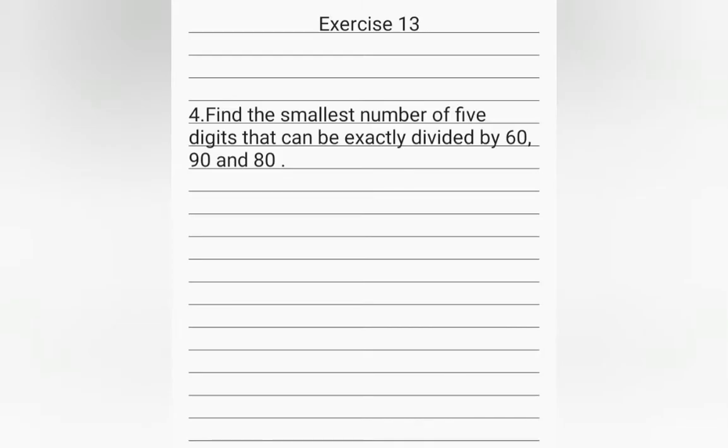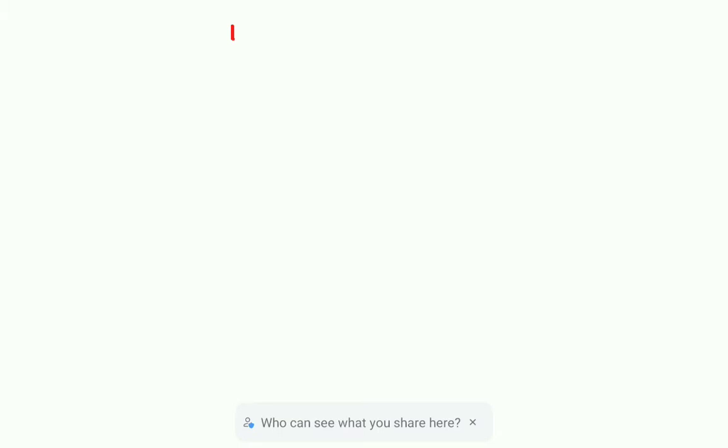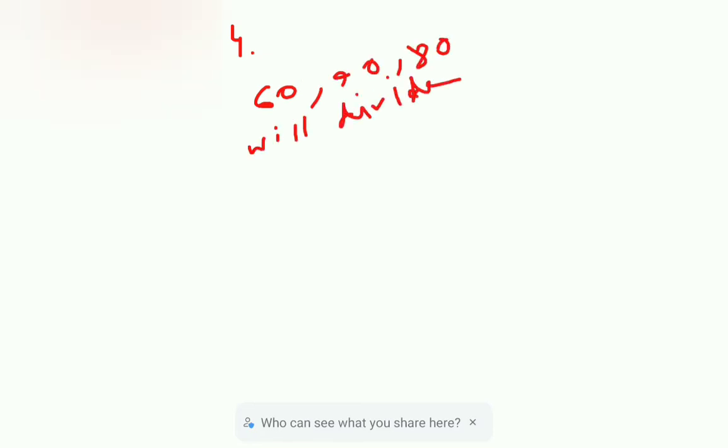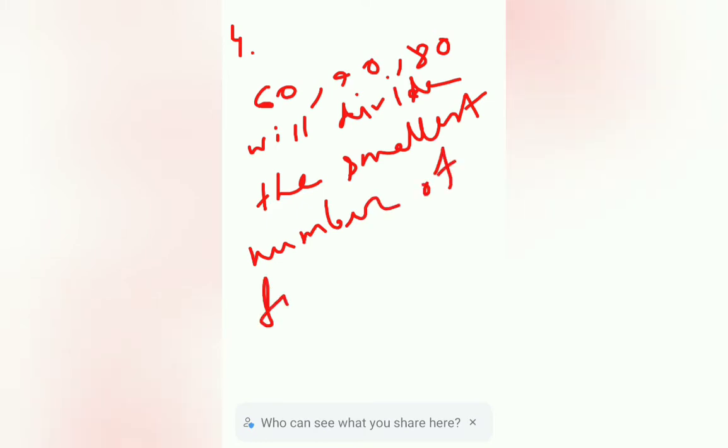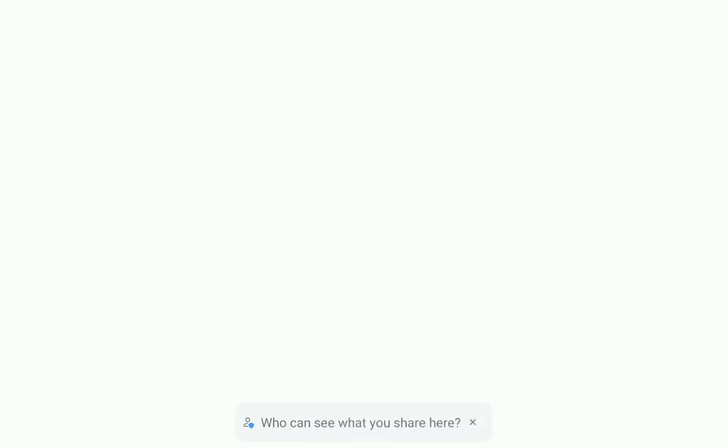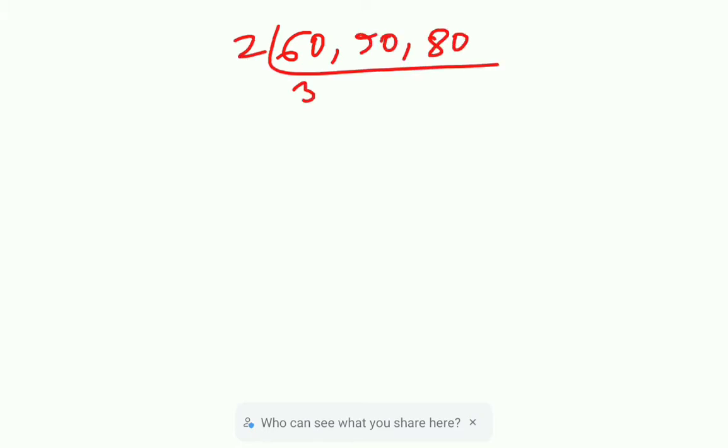Find the smallest number of 5 digits that can be exactly divided by 60, 90 and 80. 60, 90 and 80 will divide the smallest number of 5 digits, so what is the LCM? I am going with the division method, or you can say the factorized method of LCM.